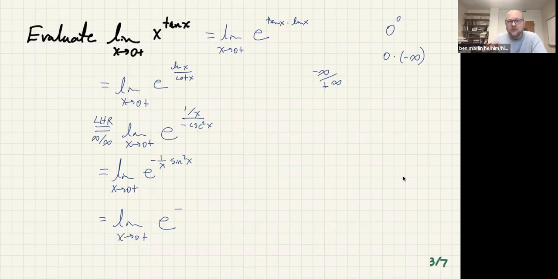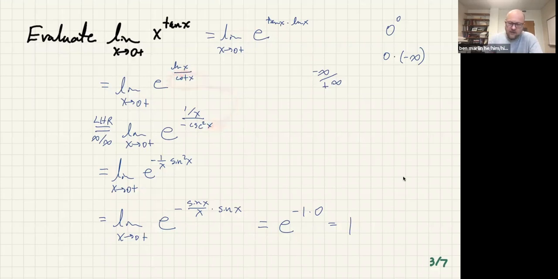I'm going to try to manipulate it so that I get sine x over x, because I know what that goes to. There's another sine left, so I'll put it out like that. Now when I plug in, I will have e to the negative 1 times 0. That means I have e to the 0, which is 1. Boom, we're done.